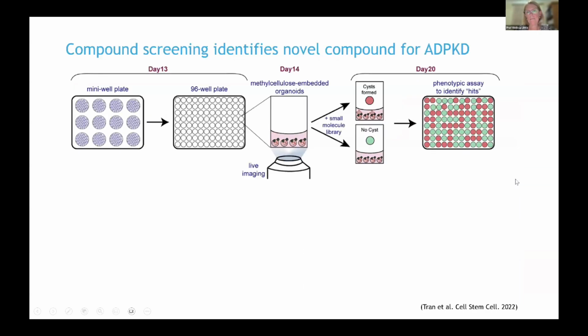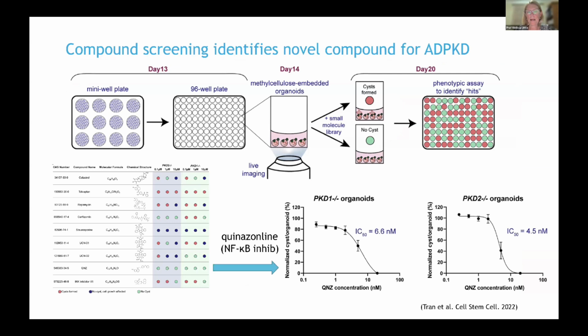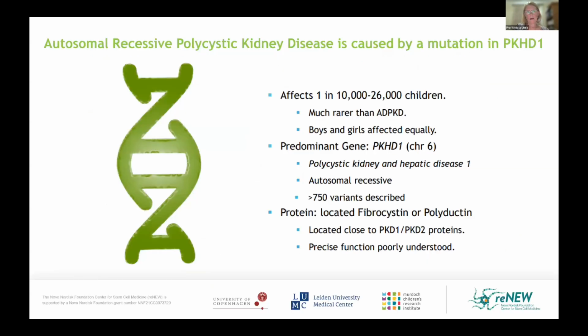They could then make many of them, put them into little wells, and then add drugs and identify some compounds that may actually reduce cyst formation. This is very early drug development, but it was evidence that you can use an organoid to find a compound that might actually treat ADPKD.